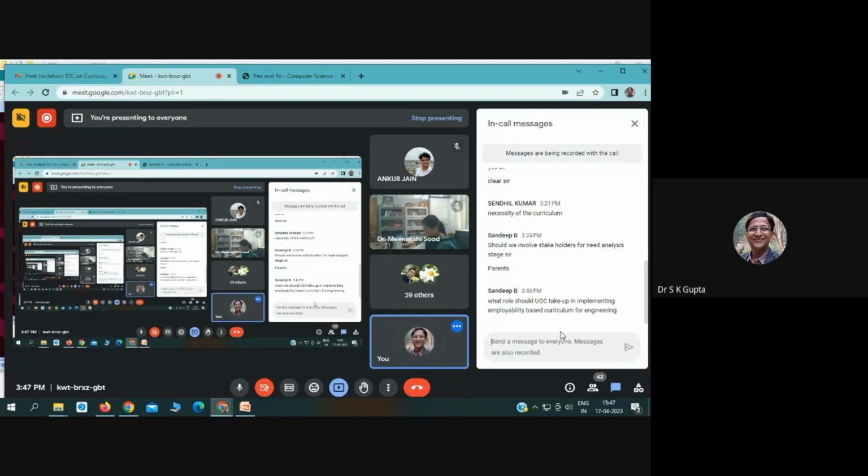We should have maximum interaction, or our students must go to the industry for their internships, or industry should come to our institution, so that there is proper networking with the industry, because the majority of institutions are working in isolation. We do not have the interaction with the industry to the extent it is required.